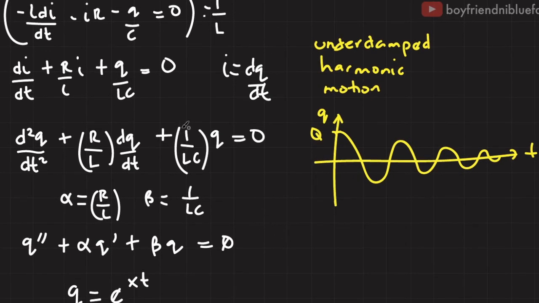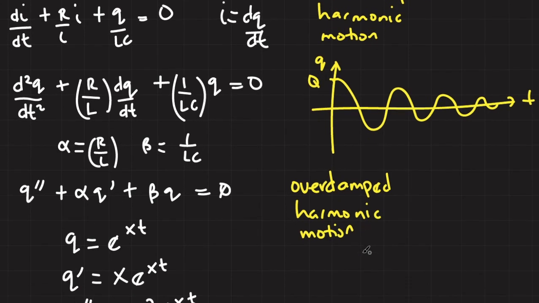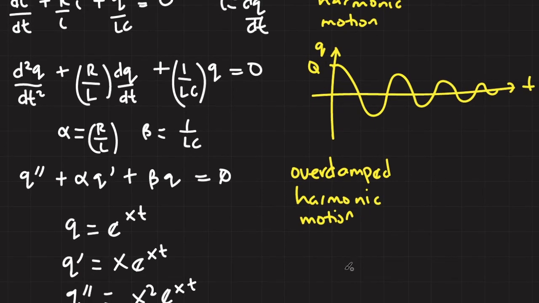Another possible solution of this equation is what we call overdamped harmonic motion. This happens when the value of your resistance is extremely large, and it results in a system that is already damped even before it begins oscillating.